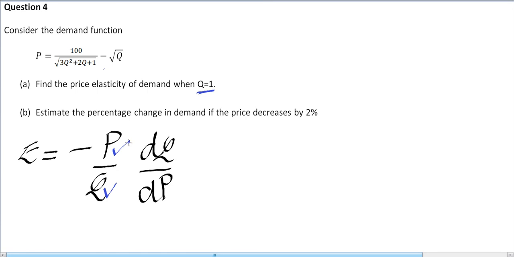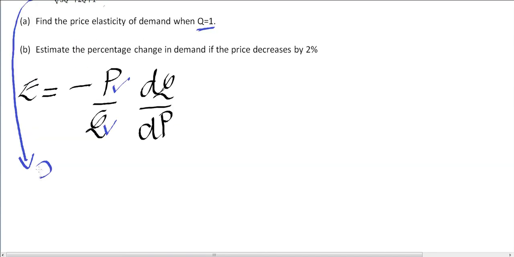Now, dQ dP, what are we going to do to get that? The thing about the way this function is written is that P is a function of Q. Let's just take it down in bigger writing here.